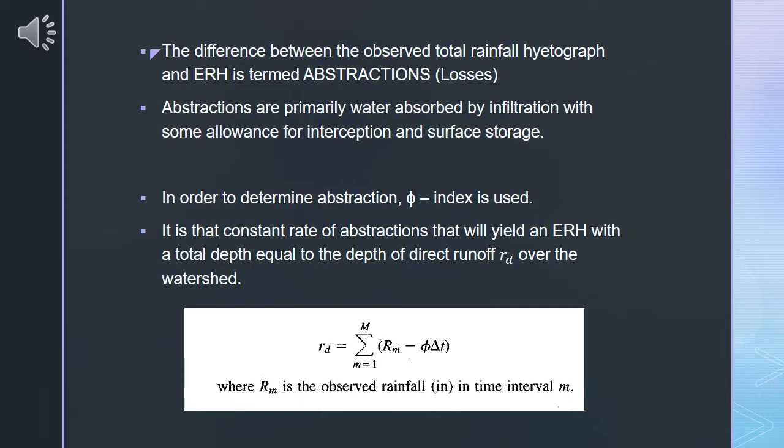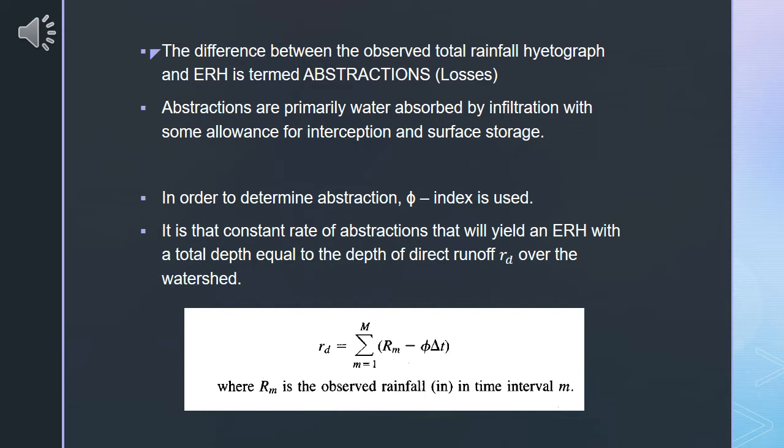So R_D is equal to the sum from m=1 to M of (R_m minus phi delta t). So we are going to find the phi index. R_m is the observed rainfall in time interval m, and delta t is the time period.